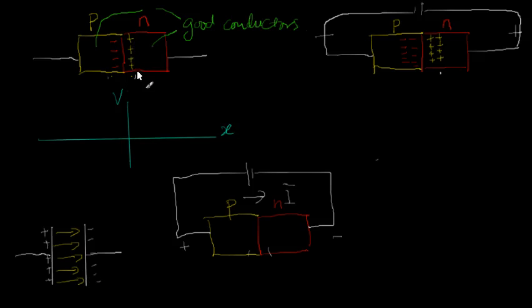Okay, so in that example, it might be easier if I change this to positive. Let's say positive charges are here, negative charges are here. So there is an electric field in this direction.